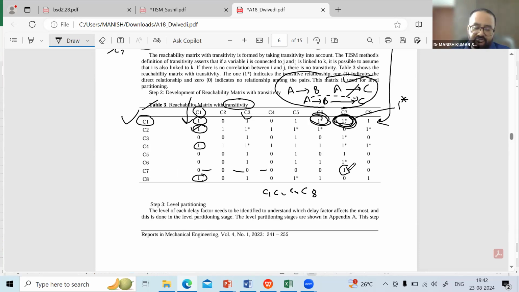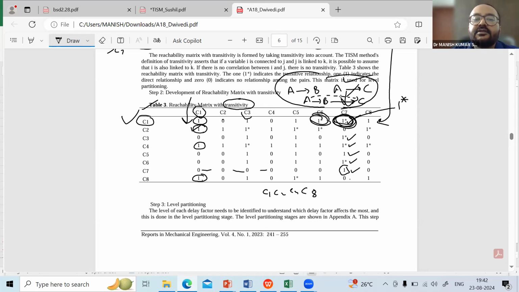So what do you have to write in the reachability matrix? All the variables which have a one relationship, or one star, also be true. So here we write only this. Now if you go to the vertical, the vertical is C1, C3, C4, then C5, then C6, then C7, and then here 0.